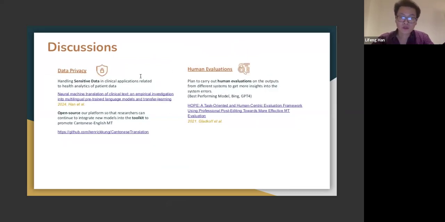For example, if we translate sensitive clinical data or patient data, as in our latest publication this year in Digital Healthcare Frontiers on neural machine translation of clinical text, in such a situation CantonMT will be more favored than other commercial platforms.